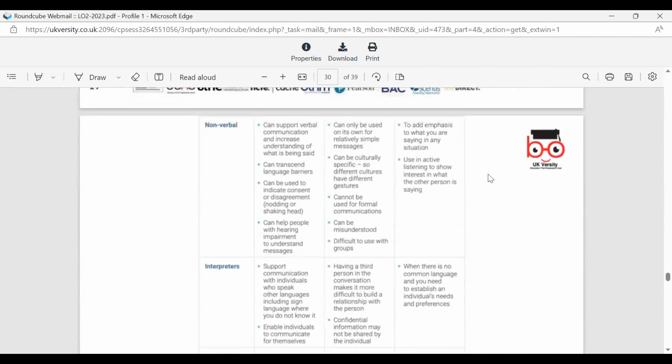Non-verbal communication advantages: it can support verbal communication and increase understanding of what is being said. It can transcend language barriers, and can be used to indicate consent or disagreement. For example, things like nodding or shaking your head can help people with hearing impairment to understand messages.